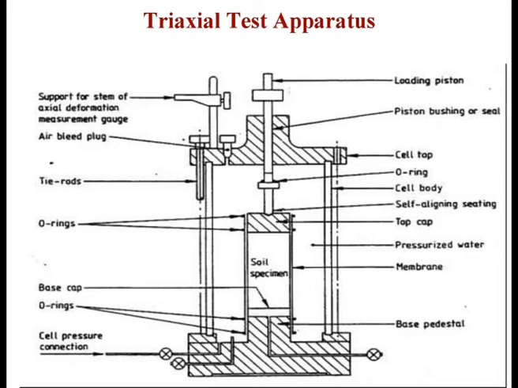And this is the loading ram that applies the load. You would have various openings to allow you to measure or control the pore water pressure, to set it in a drained test, or to measure it in an undrained test, and so on. But essentially, it is nothing more than a cylindrical specimen which you squeeze to death, axially.